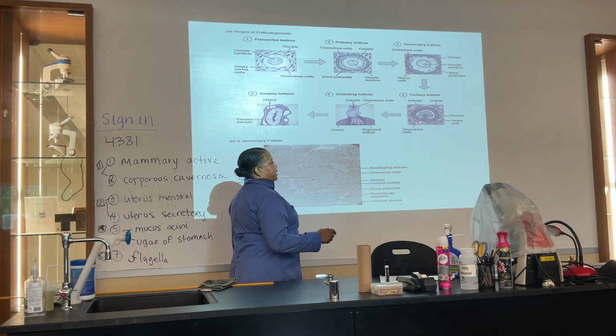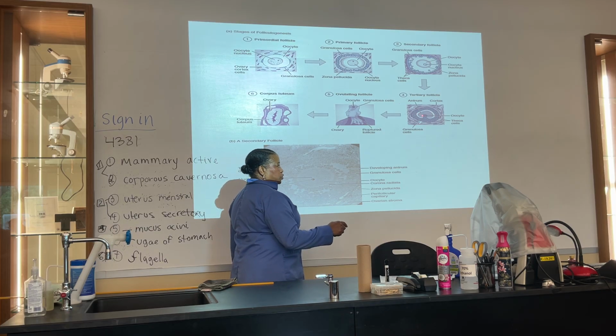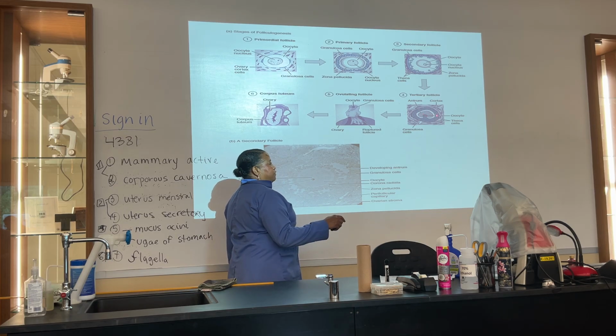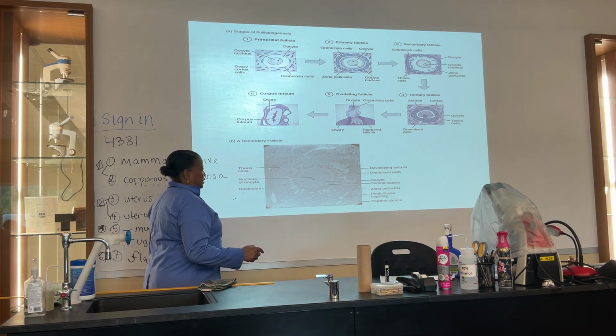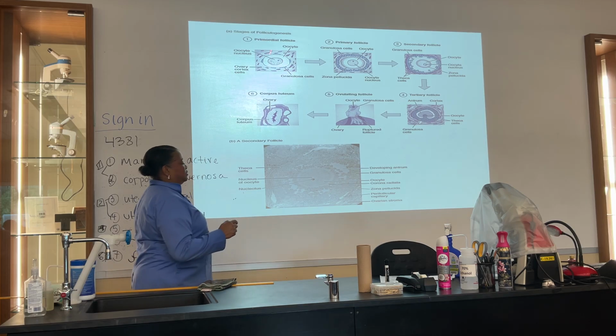Ultimately, you will form a stalk, which is the cumulus oophorus. You will have in the antrum, in the opening area here, this little dot is the egg. You have granulosa cells around it and thecal cells that are going to be secreting the estrogen. And so all of this, and you have varying levels of development.